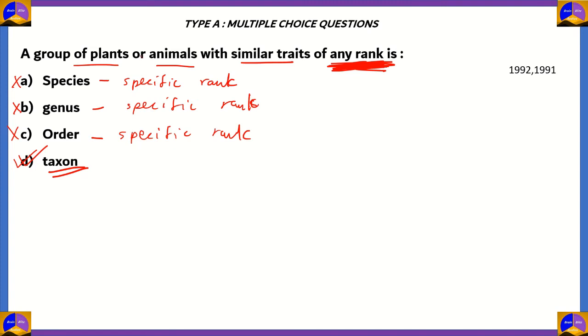So a group of animals which are in the same species are also under a taxon, because species is a taxon. A similar rationalization can be taken for other options. So here, since the question is asking us for any rank, just writing species, genus, or order would make it incorrect, because these are specific ranks, while option D, taxon, the word taxon is used for any rank in the taxonomic hierarchy. It's the basic unit, so therefore option D is the correct option for this question asked in 1992 as well as 1991.